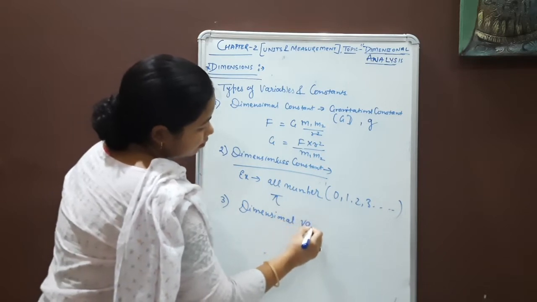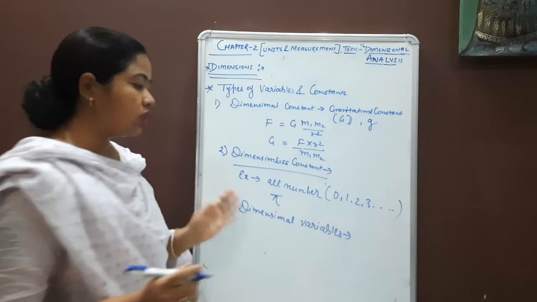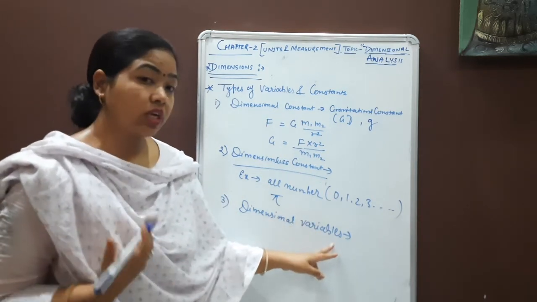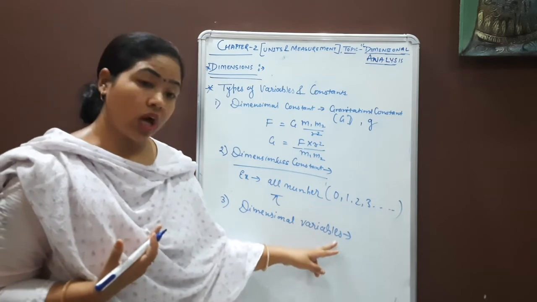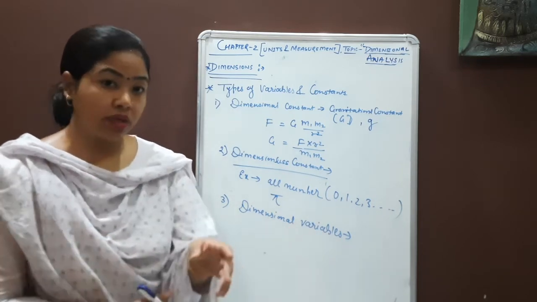Then third is dimensional variables. In this particular category, we have those physical quantities whose values are variable, but which still have some dimensional formula.